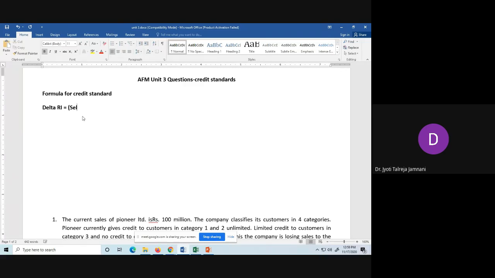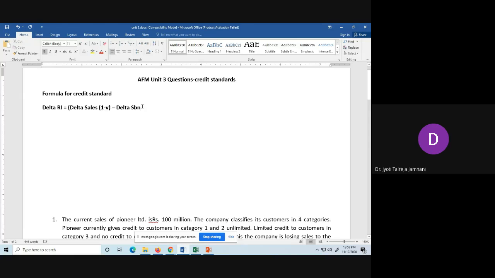delta S, so the triangular sign, that means change in sales into bracket 1 minus V. V is nothing but the variable cost. Close the bracket, minus delta S into BN.